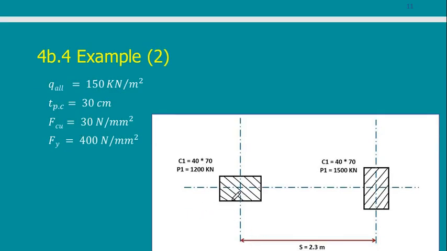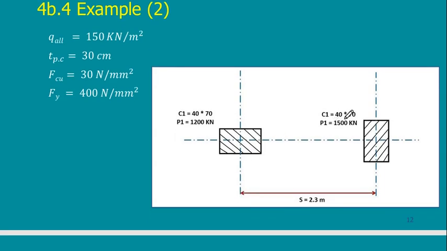I have two columns. The first column is carrying 1,500 kilonewton. The second is carrying 1,200 kilonewton. From what I've just said, it means that the CG of both columns is somewhere in between, but I should expect it to be closer to this column because this column is carrying a heavier load.